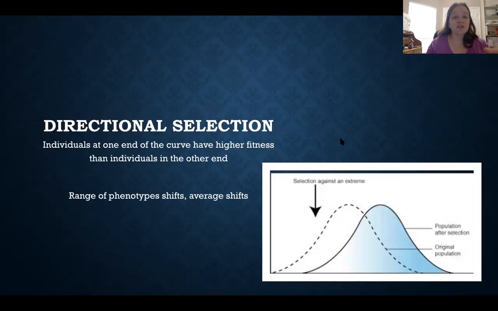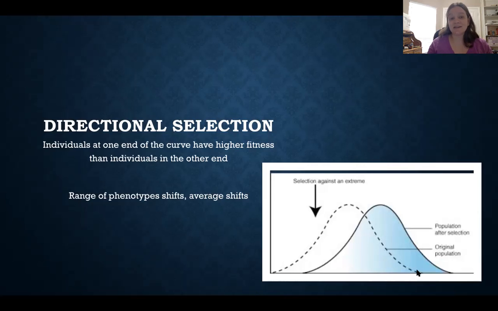All right, so the first type of natural selection on a polygenic trait is called directional selection. Directional selection means that individuals at one end of the curve are more suited to the environment than individuals at the other end. So this dotted line is our original population.